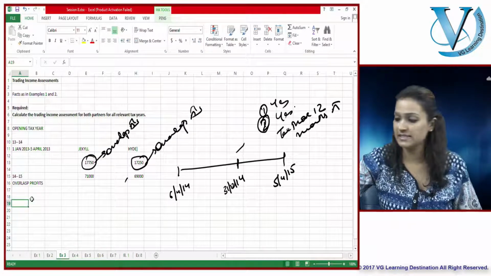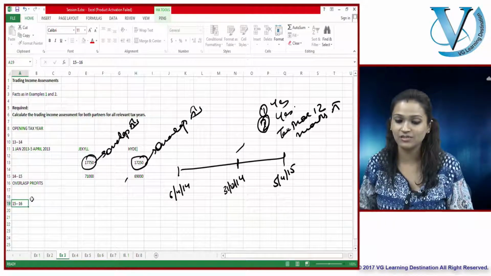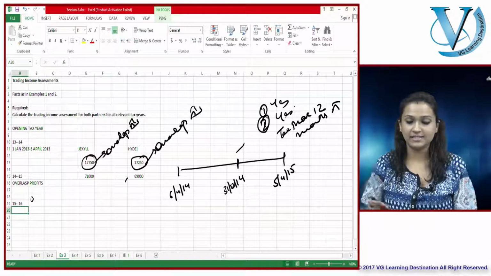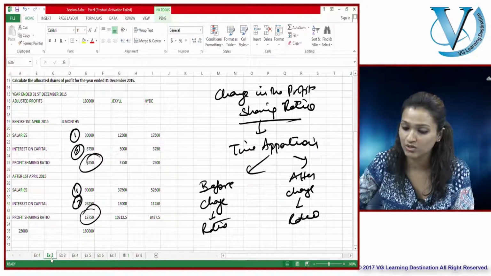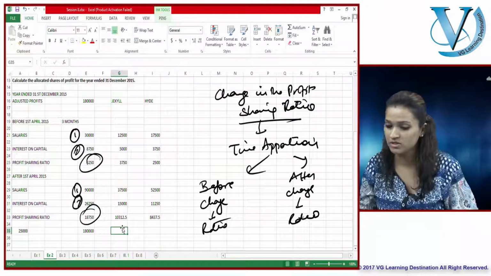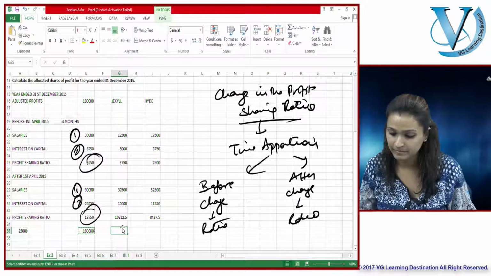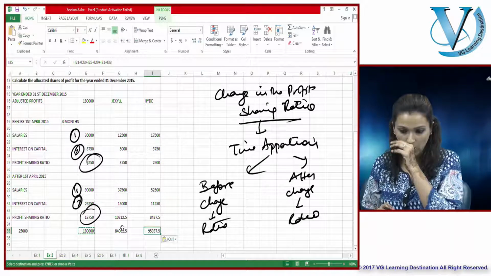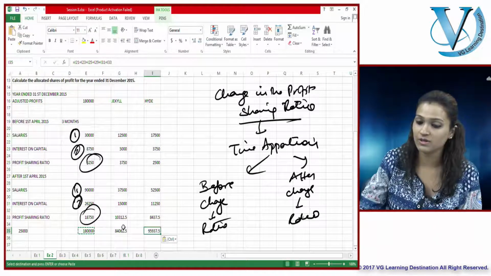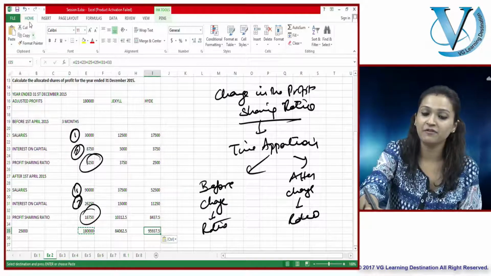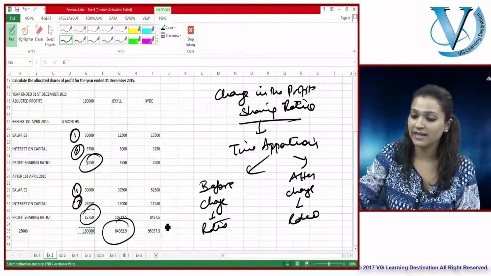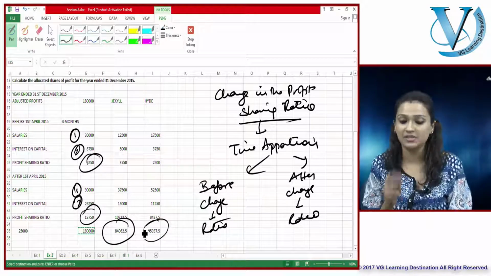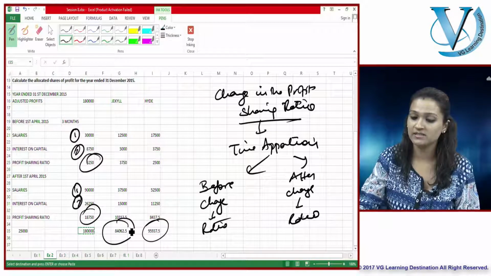Now what do you do? In 15-16, you've already arrived at the current year basis. So you tax the entire 15-16 profits, which was a total of, let me just do the totals here. In this question, I did not do the totals. Right, so I now have my totals. These are the amounts that I'm going to tax in my 15-16 profits, which gets taxed in the hands of Jekyll and Hyde individually as individuals.